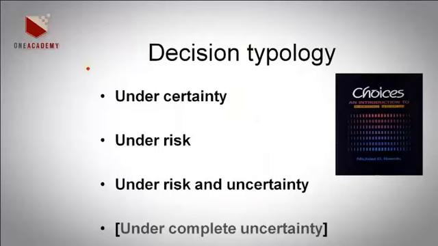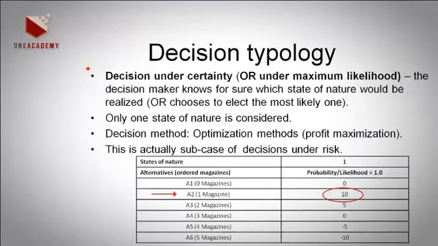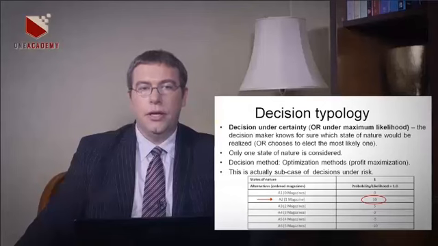So first of all, under certainty. Under certainty, the decision maker knows for sure exactly which state of nature will occur, which state of nature will be realized.